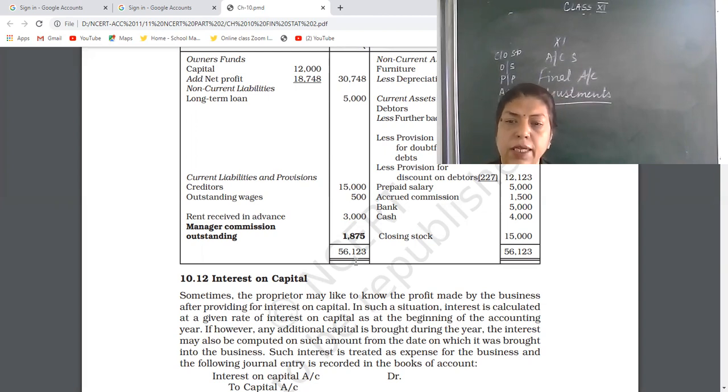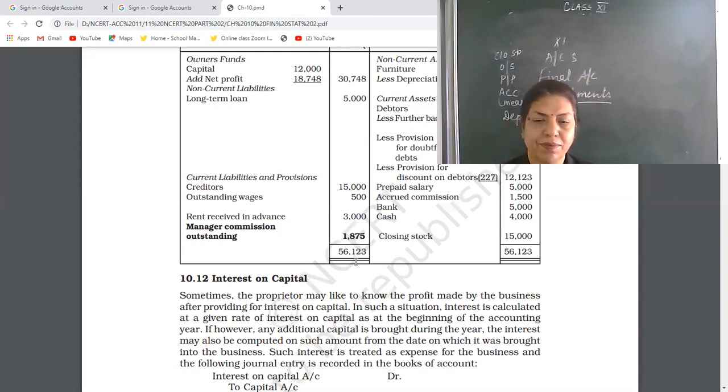So if the organization is paying interest on it, that will be shown on the debit side of profit and loss account, and another impact that should be shown as plus in the capital in the balance sheet. That is to be added in the capital as IOC, interest on capital. Clear?